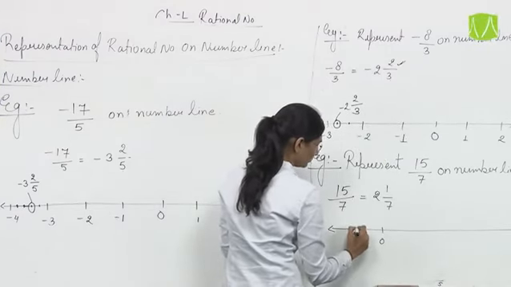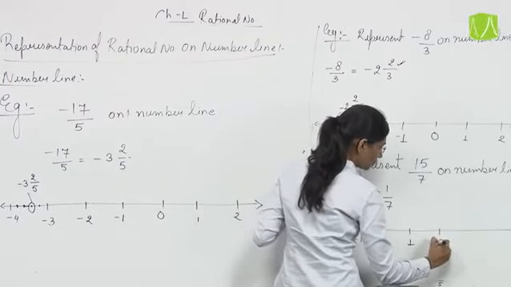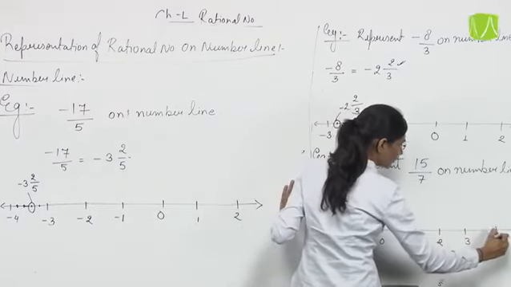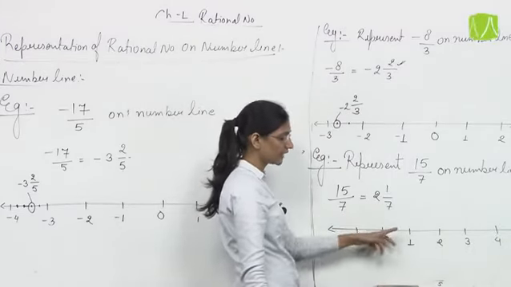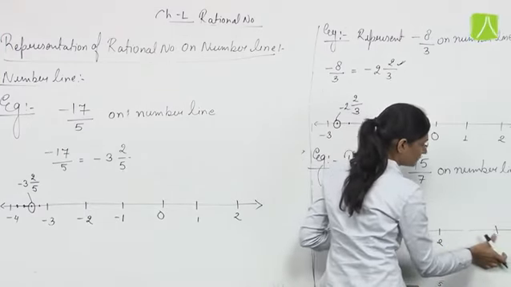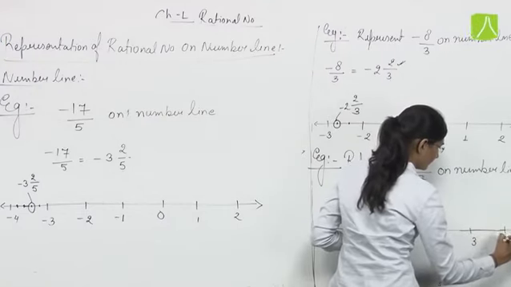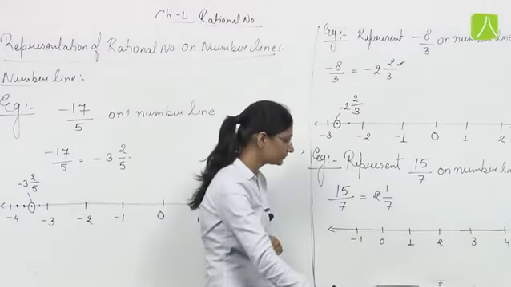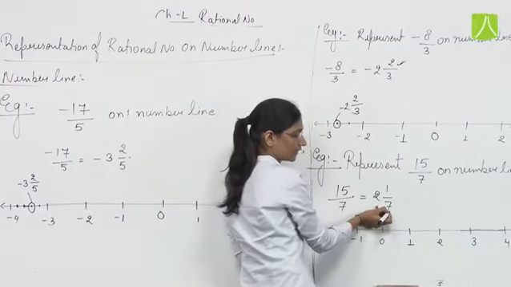Zero, minus 1, 1, 2, 3, 4. The number is greater than 2 and less than 3, so it will lie between 2 and 3 on the right side of 0. Denominator is 7.